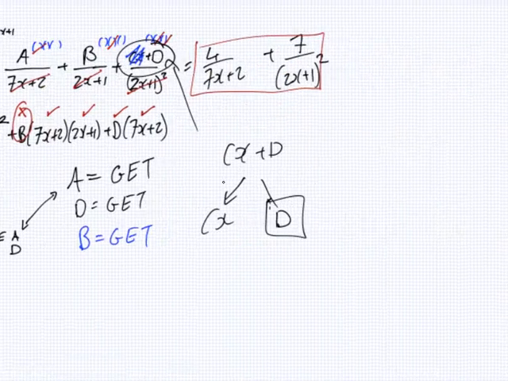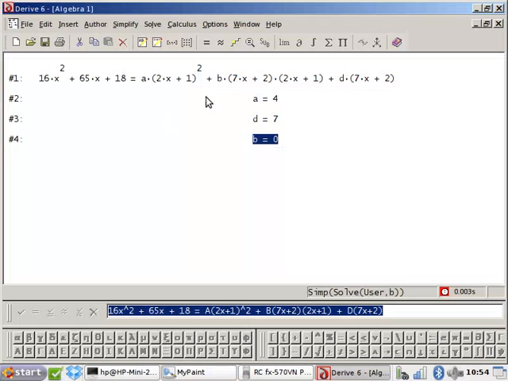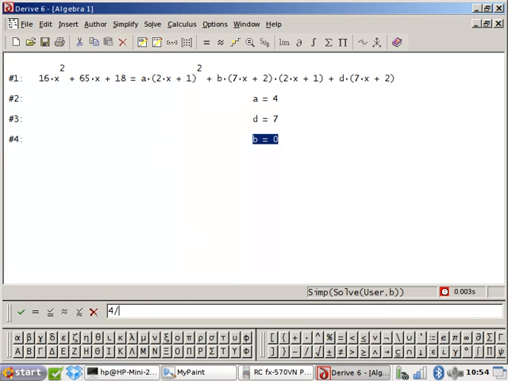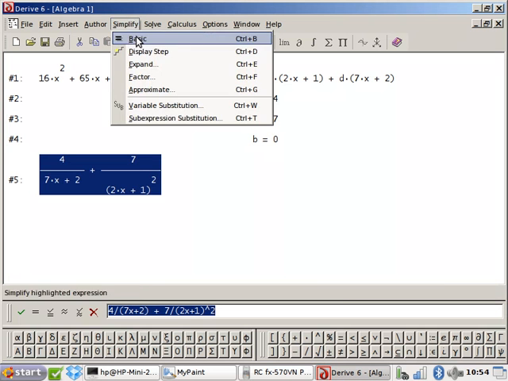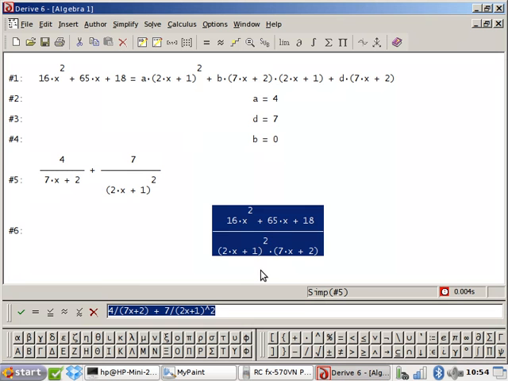So let's just check that this answer is right. 4 over 7x plus 2 plus 7 over 2x plus 1. Simplify basic, and this is actually the original question, although it didn't expand the denominator. 16x squared plus 65x plus 18.